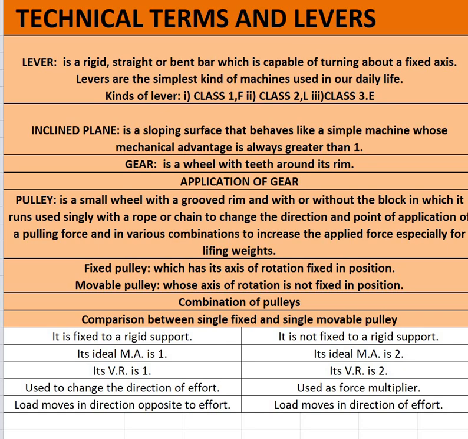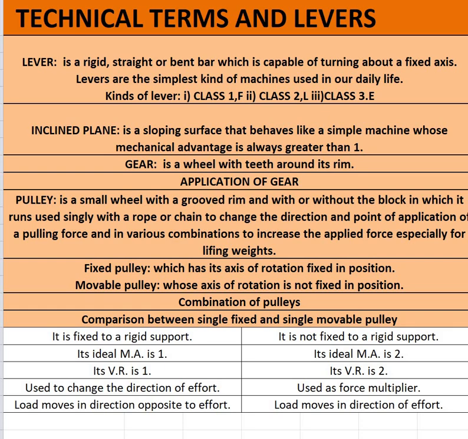Levers are the simplest kind of machines in our daily life. A lever is a rigid, straight or bent bar which is capable of turning about a fixed axis. The axis about which the lever turns passes through a point of the lever which is called the fulcrum. It is generally marked as capital letter F. This point does not move but remains fixed when the lever is in use.